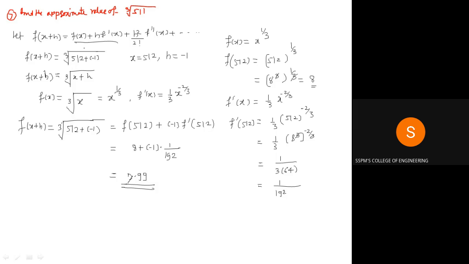And this approximate value we get by using their application of differential. Okay. So we have seen here the different kinds of application of their differential need to apply properly and to find their correct values. Okay. So 7.99 is the correct value for their approximate value of cubic root of 511.